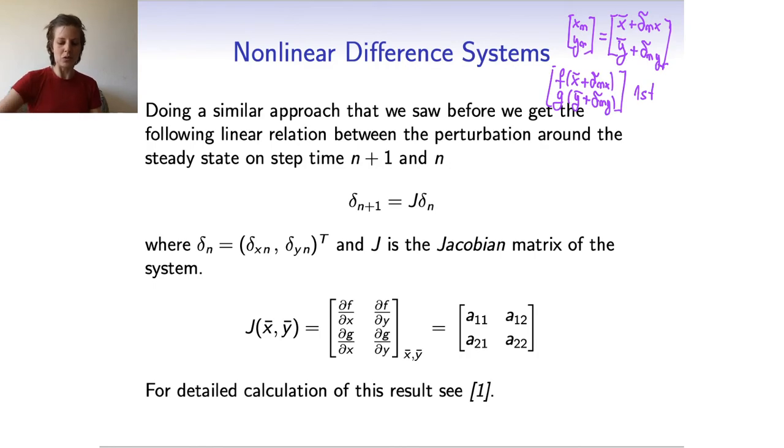Then we arrive at a system for the perturbation, and J is the Jacobian matrix, which is given by this, evaluated at the steady state.